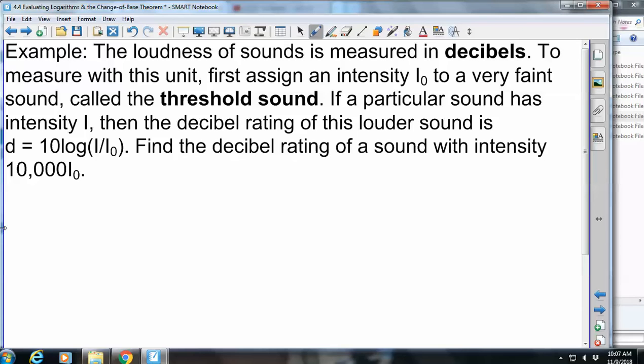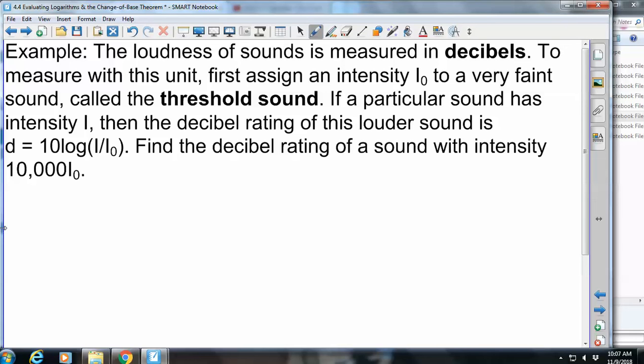Let's look at another scenario. The loudness of sounds is measured in decibels. To measure with this unit, you first assign an intensity I sub 0 to a very faint sound called the threshold sound.